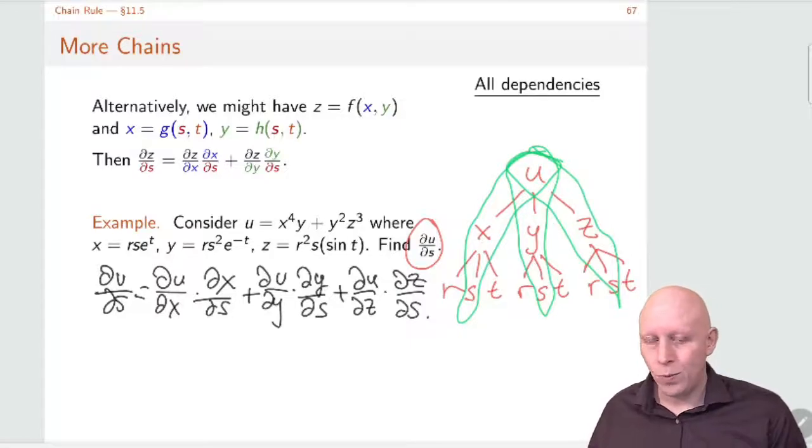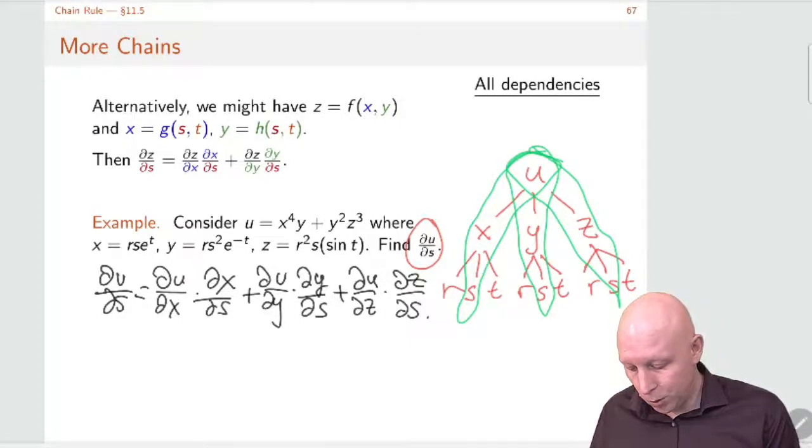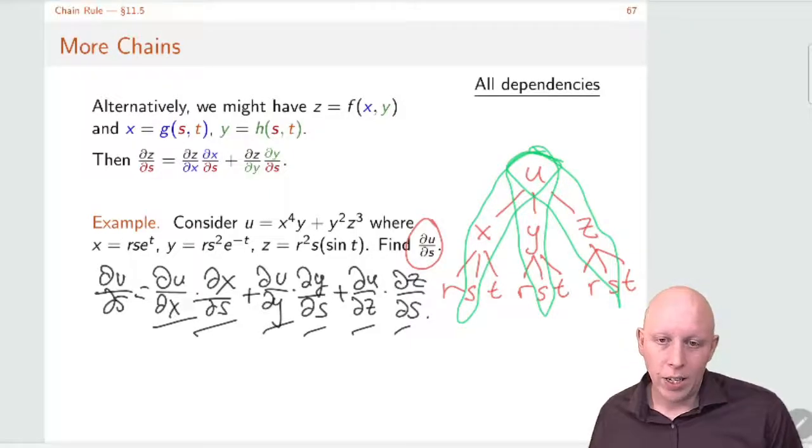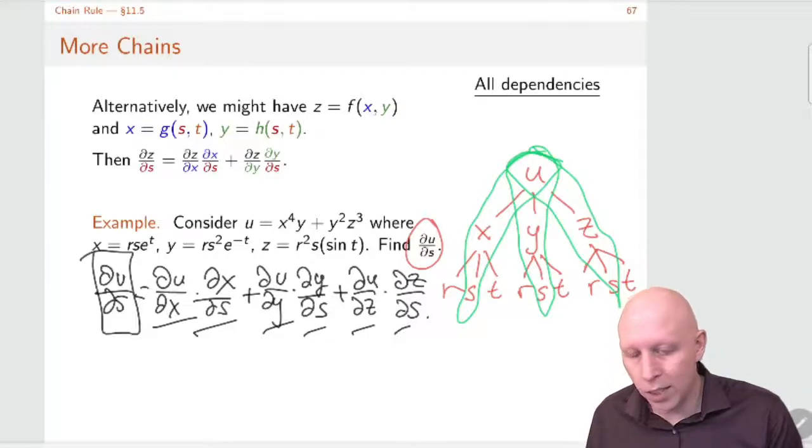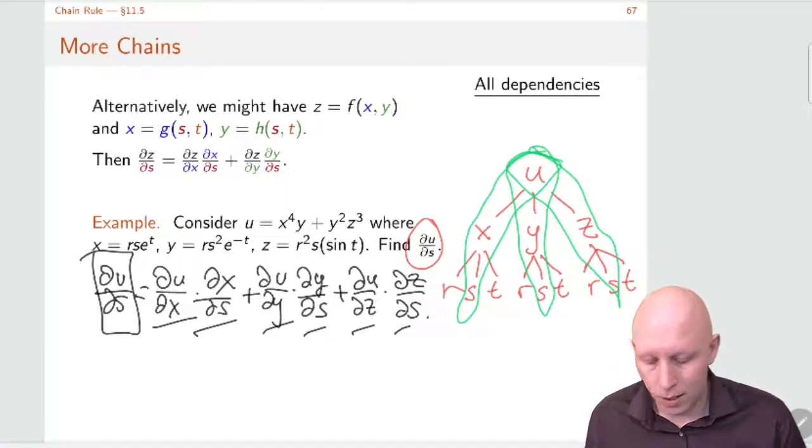And so you can go through and you can calculate each of these bits, and each of those bits then contributes to the ways in which u changes with respect to s.